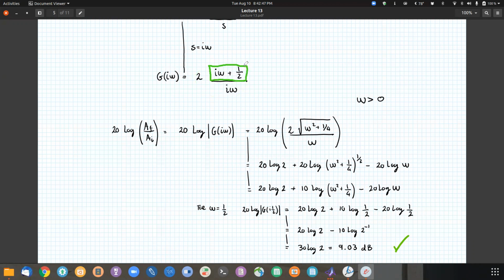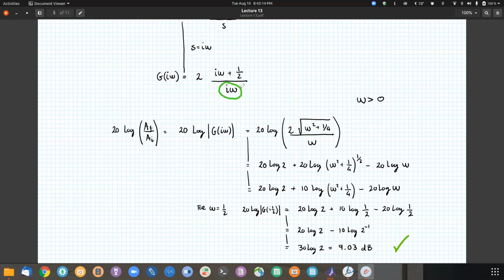The magnitude of the numerator is, well, 2 remains 2. So that is fine. But then the magnitude of i omega plus 1/2, we have square root of real part squared, so 1/4, and then imaginary part squared, which is omega squared.